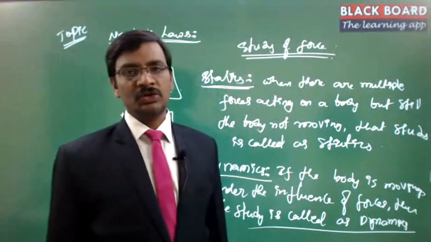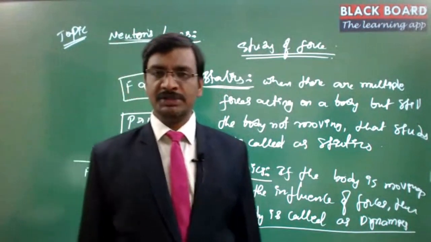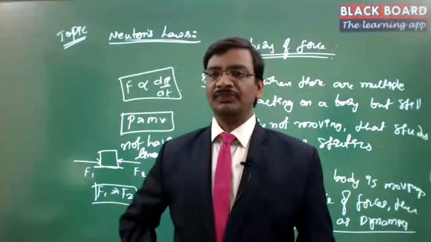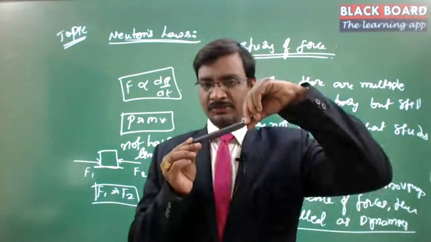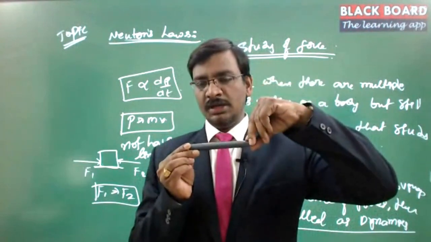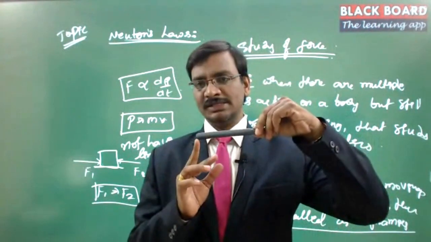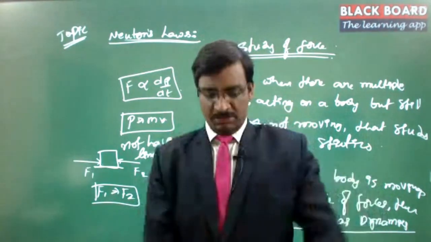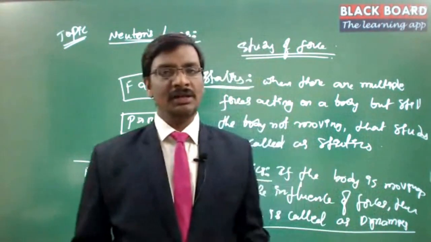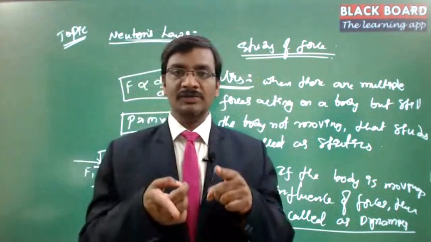But when there are two forces acting in opposite directions, the body can still move. Suppose I take this pen and push from the top side to the bottom, and from the bottom side to the top, at two different edges. Then the body will try to move.